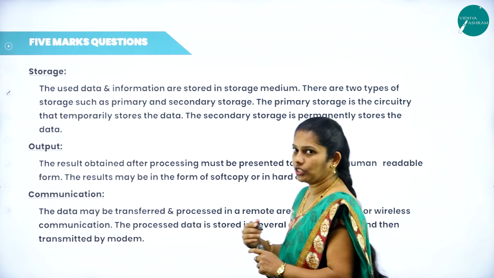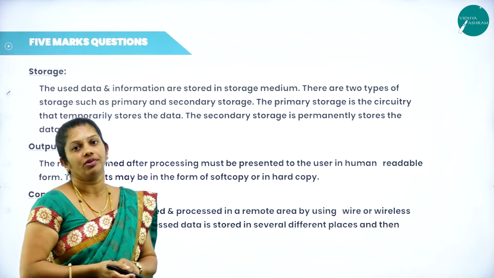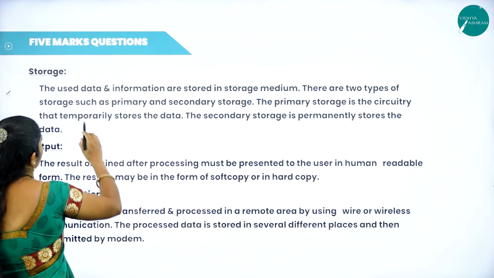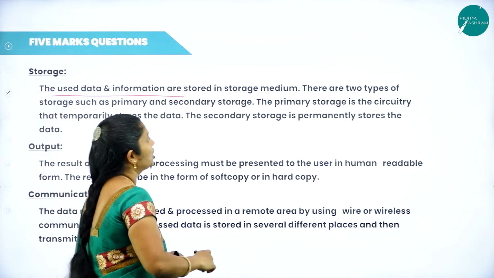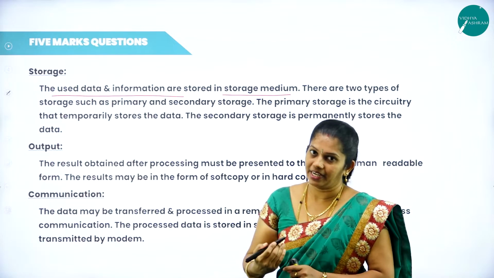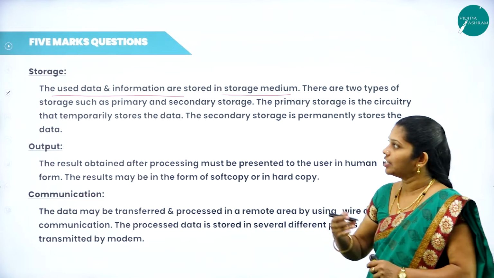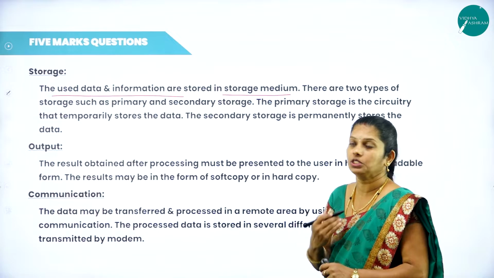Next, we have storage. After processing, the information has to be stored for future purposes. That is, user data and information are stored in a storage medium. Whatever data we give with the help of input devices will be processed, and after processing we have to store the data for future purposes.